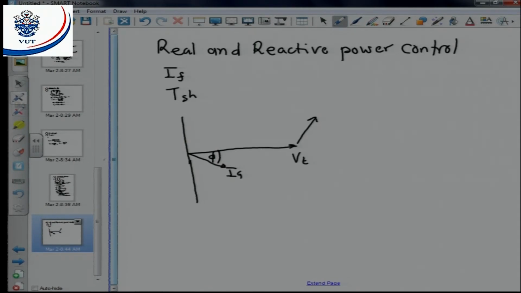We can now change to a leading power factor as well, so that the current now lies there with the leading power factor phi.